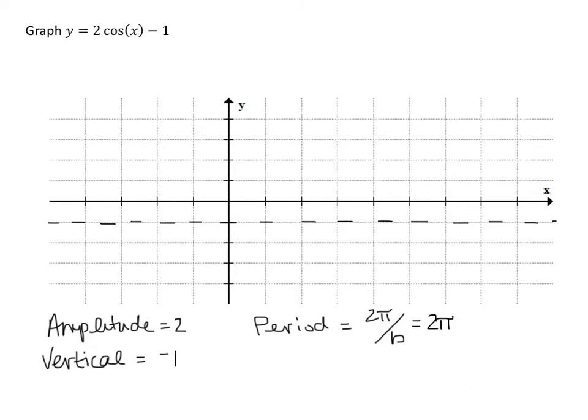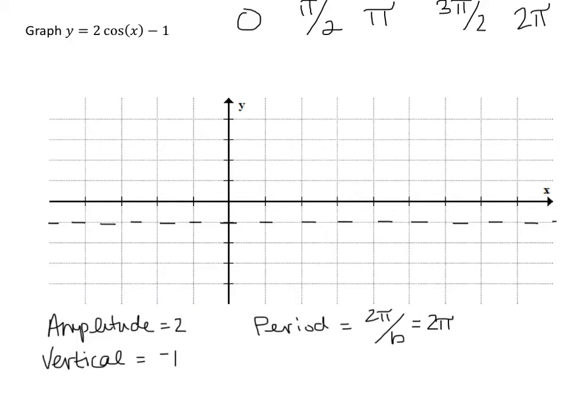This is a cosine graph. It goes from 0 to 2 pi, meaning 0 is the beginning of the period and 2 pi is the end of the period. Halfway in between there is pi, and then I split these again to get pi over 2 and 3 pi over 2.